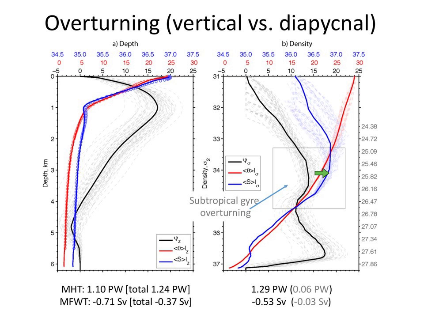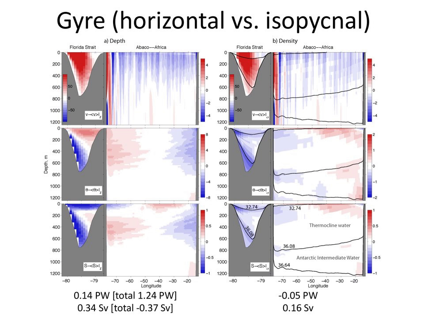And this difference contributes quite significantly in terms of freshwater transport. Here, the diapycnal component, for example, gives a southward freshwater transport of 0.5 compared to 0.7 in depth coordinate. And then we can look at the gyre, the horizontal.